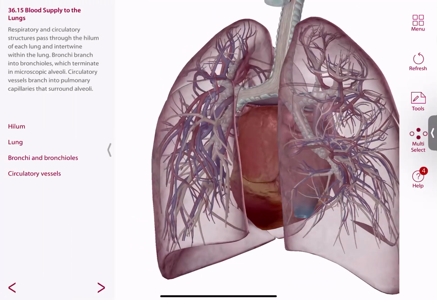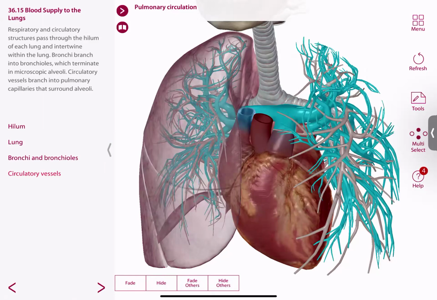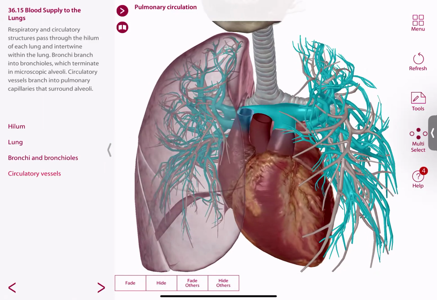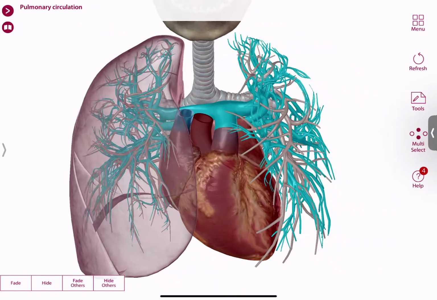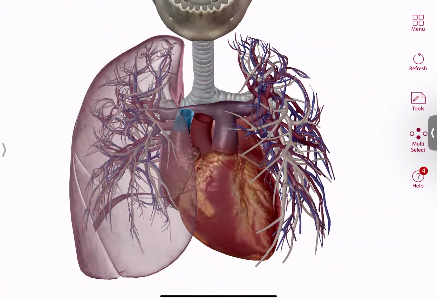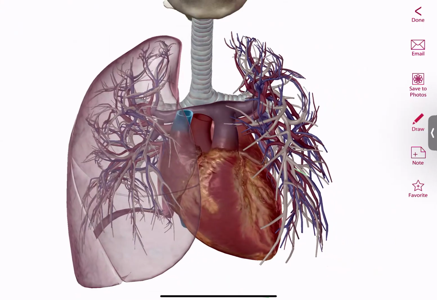Now let us understand blood supply to the lungs. So I'll just label these parts here. So that is the right pulmonary artery.